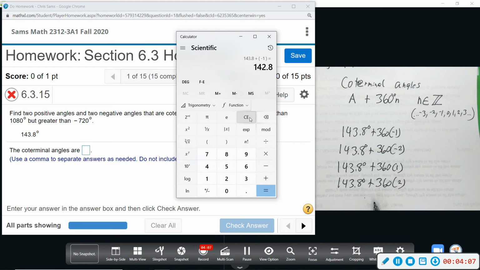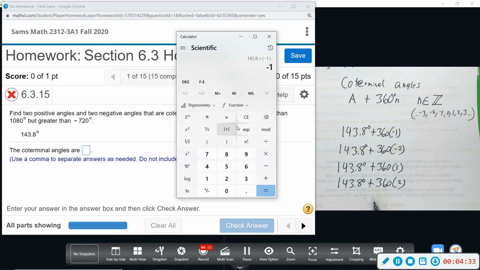I must have missed something, so I'm going to clear this and try again. 143.8 plus 360, and then parentheses, 1 negative.